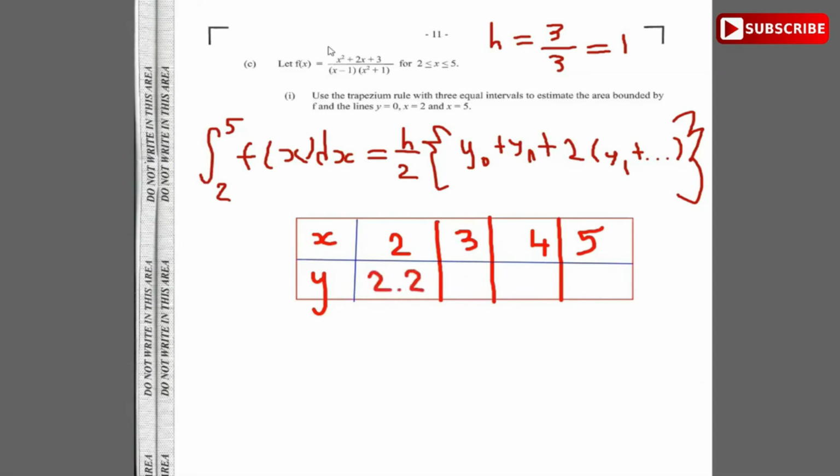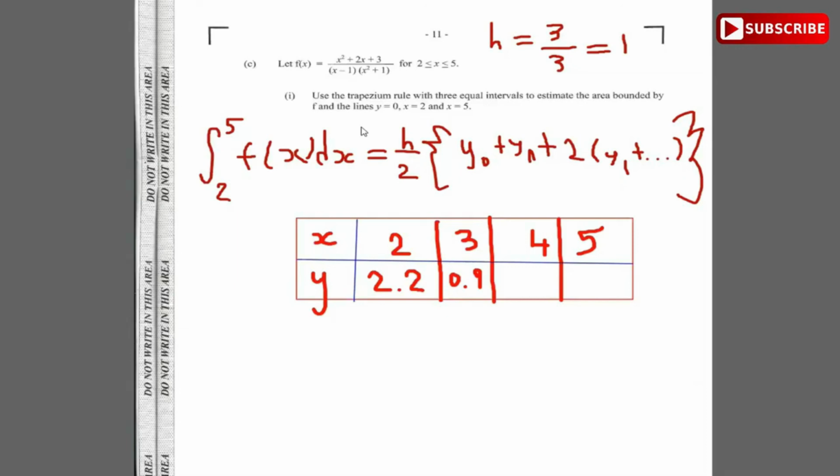When x is 3, what will I get? I'll get 3 squared plus 2 times 3 plus 3, which is 18, divided by 3 minus 1, times 3 squared is 9 plus 1 is 10. I get 0.9. Then I put in 4. I get 4 squared plus 2 times 4 plus 3 is 27, divided by 3 times 17, 4 squared is 16 plus 1 is 17.